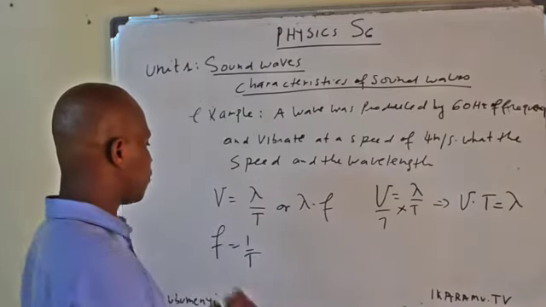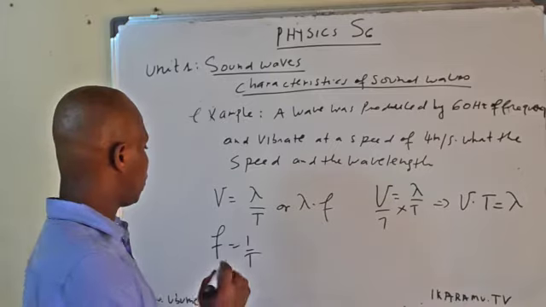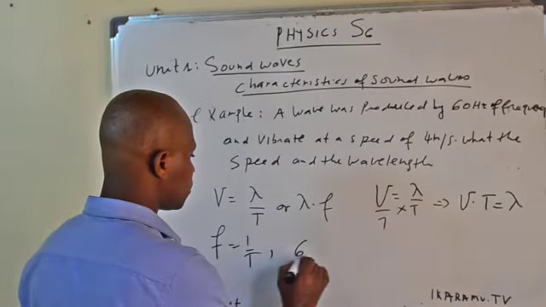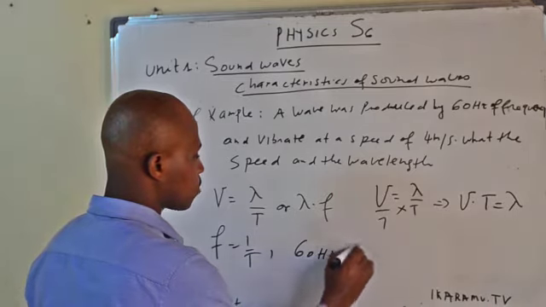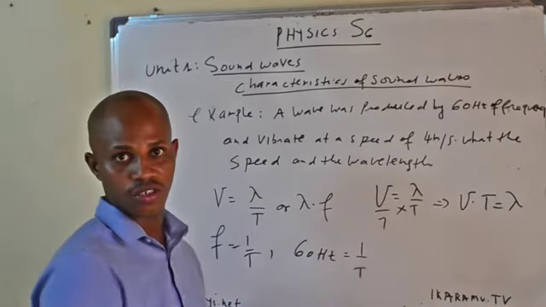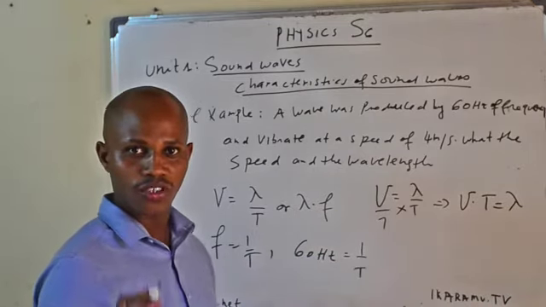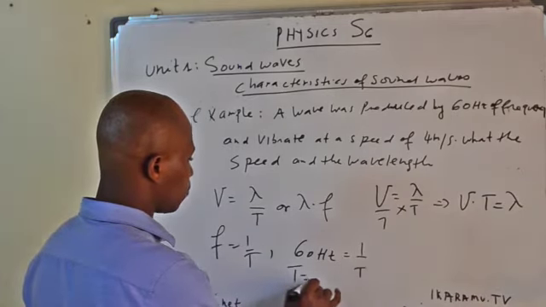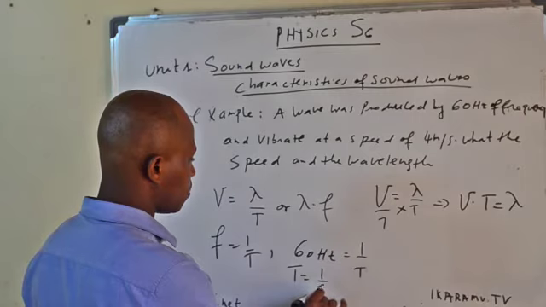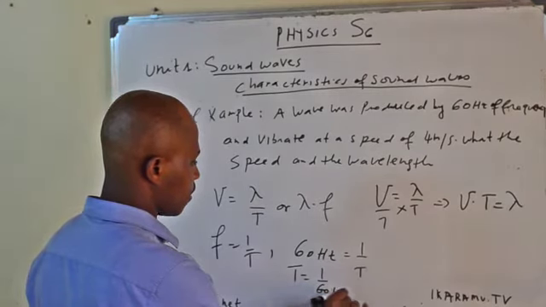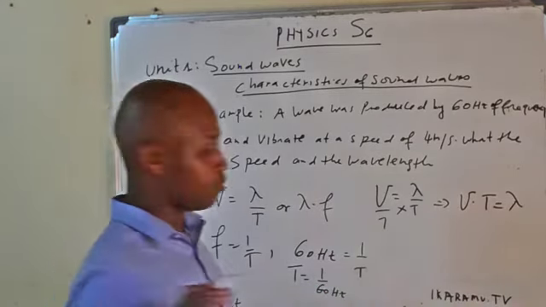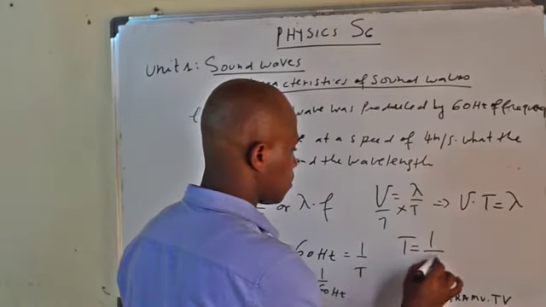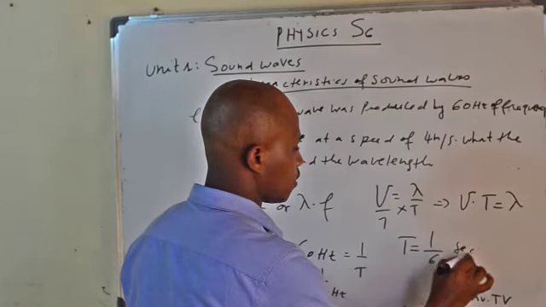So if frequency is 60 Hertz, this is equal to 1 over period. Then the period will be equal to 1 over 60 Hertz, so the period is 1 over 60 seconds.